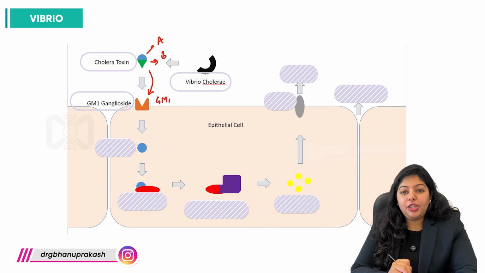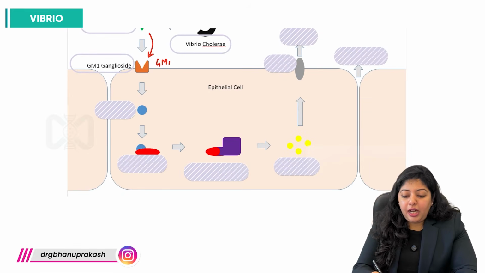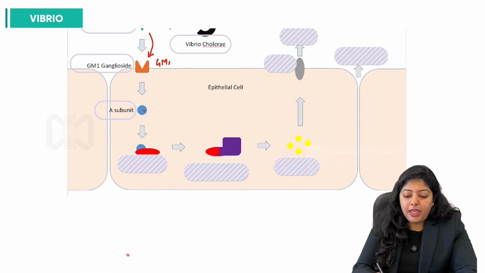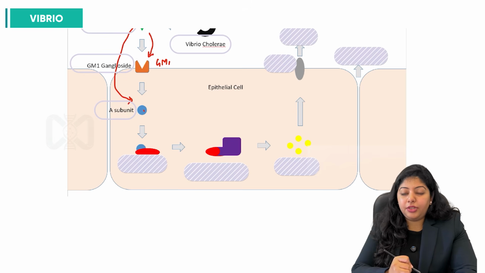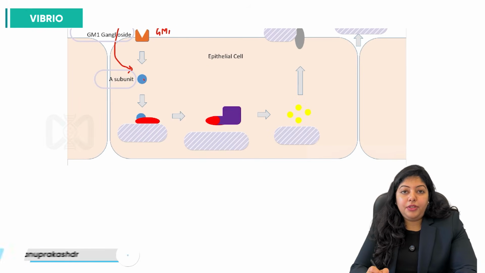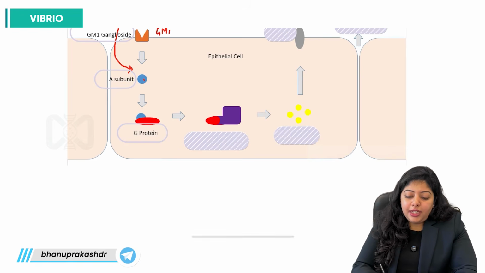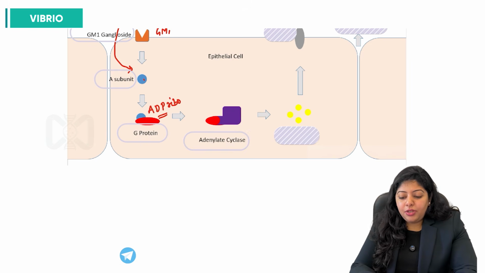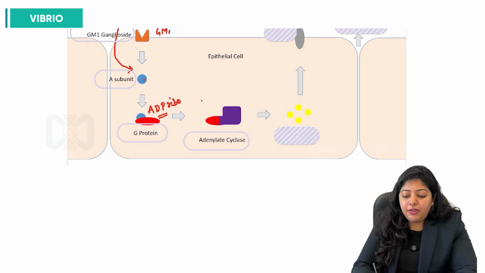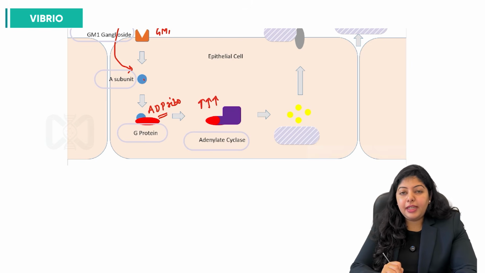So B is going to attach here, and after attachment, the A subunit is going to get internalized. And when it gets internalized, what is it going to do? It causes ADP ribosylation, and ADP ribosylation upregulates the activity of adenylate cyclase.